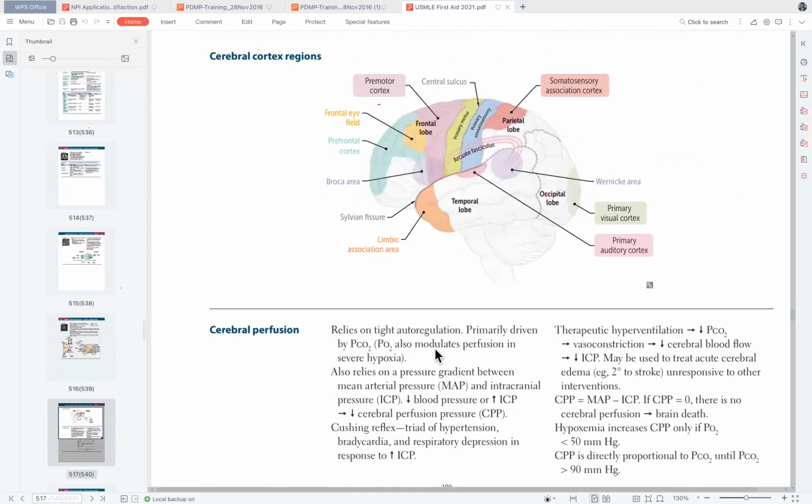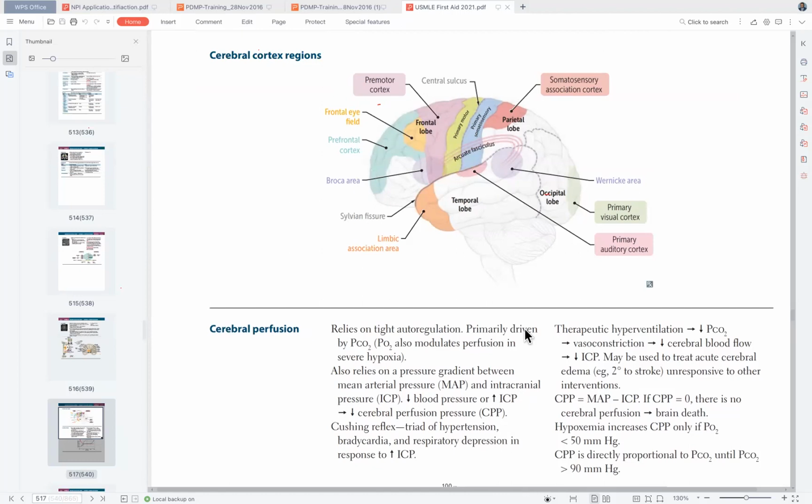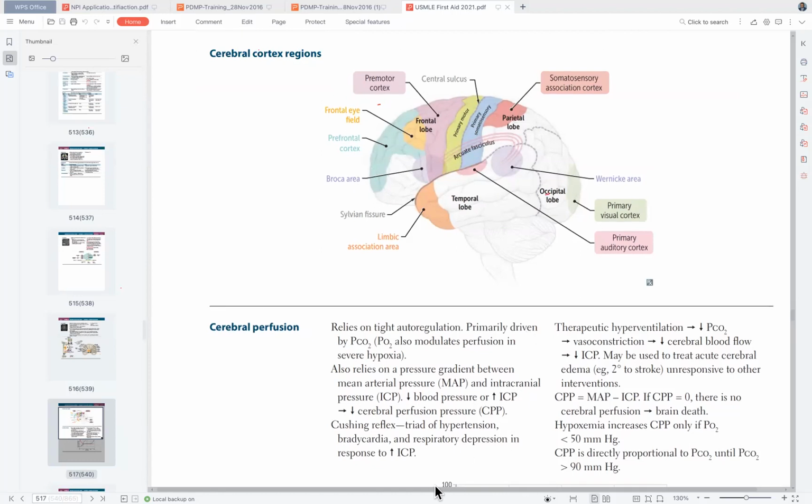So this is another part that they want us to know. They love to also test on the organization of the cerebral cortex, right? With this one, later on when you start doing questions, we'll need a CT scan to be able to predict the symptoms.